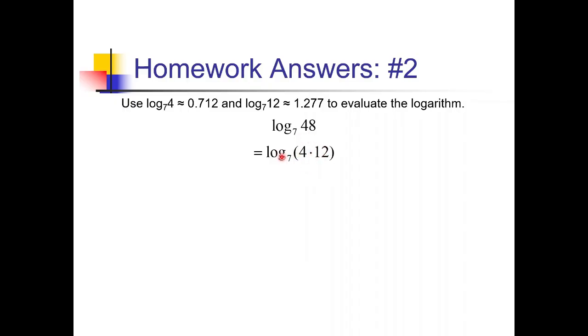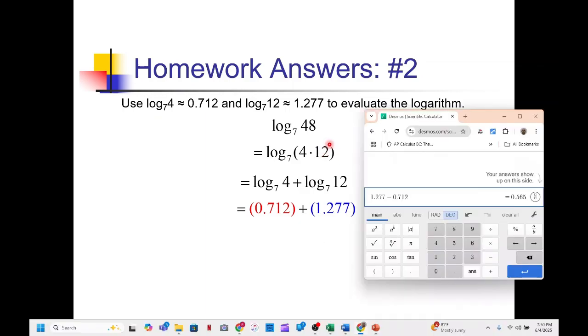So I can rewrite this as log of 4 plus log of 12. And just replacing those with our values up here, we have 0.712 plus 1.277. And I probably could do this without a calculator, but I'm going to use one just to be on the safe side. So on the last problem, I subtracted these things. Let me just add them together this time, and that's 1.989.